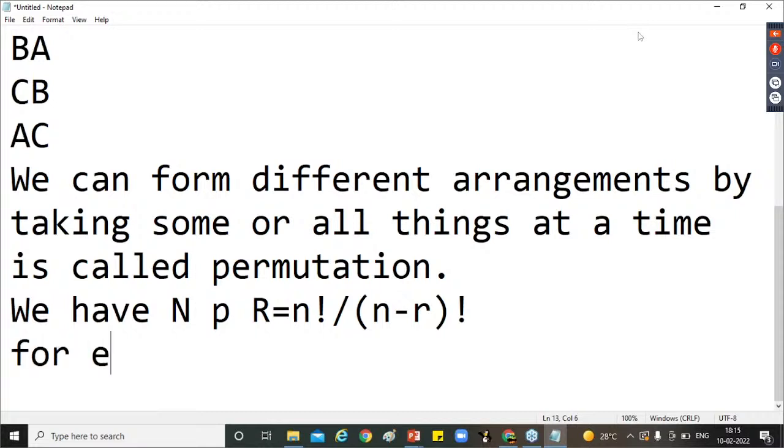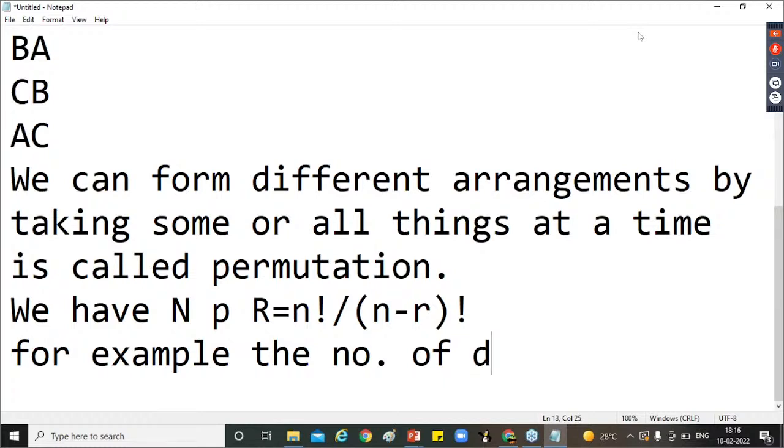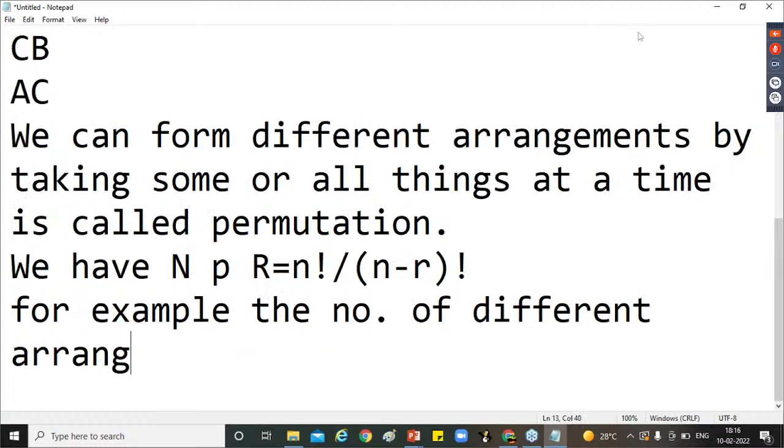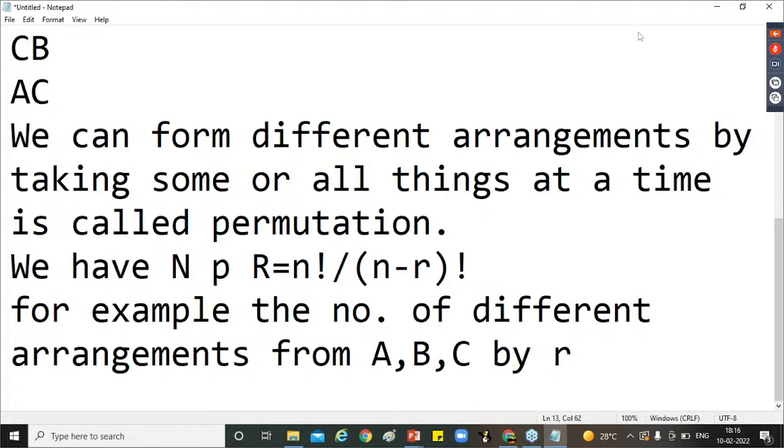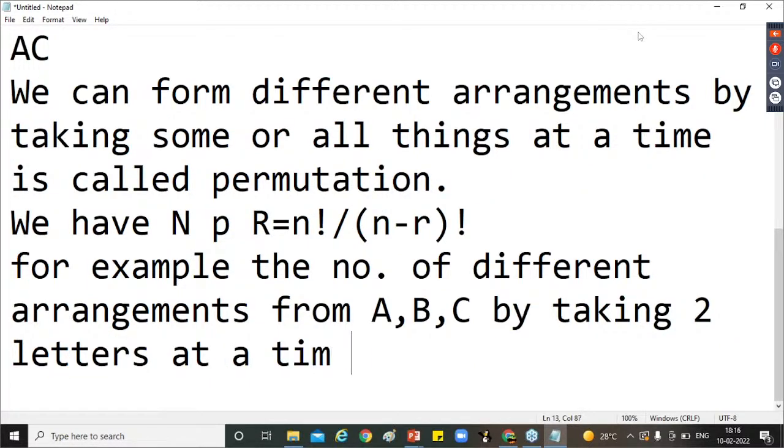So write down. For example, from an exam point of view, we don't want the different arrangements themselves; we need the number of different arrangements from A, B, C by taking 2 letters at a time, which is 6.